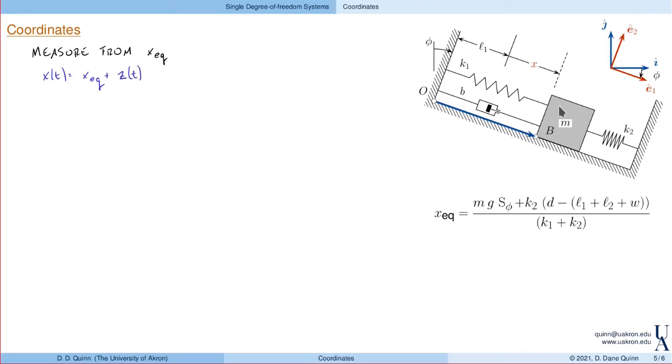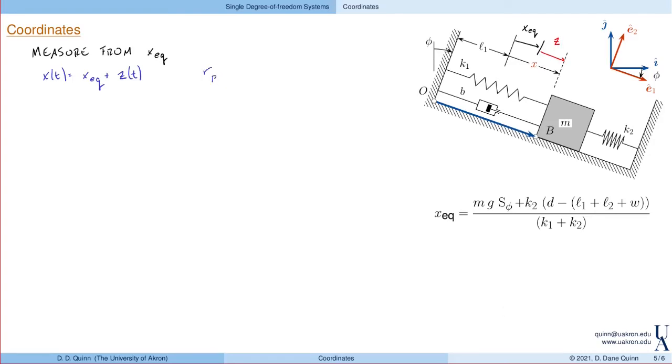If we look at the figure here, maybe the static displacement is this length. Right, so that's how much it stretches under the geometry and the gravitational load. And then we'll measure the resulting displacement from there with this coordinate z.